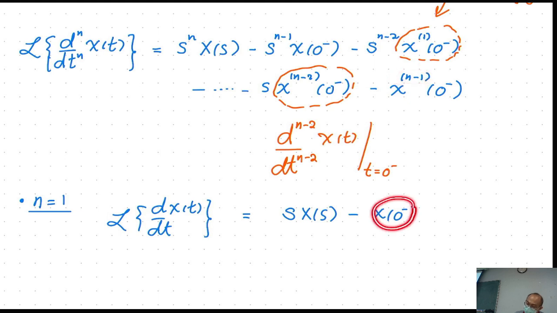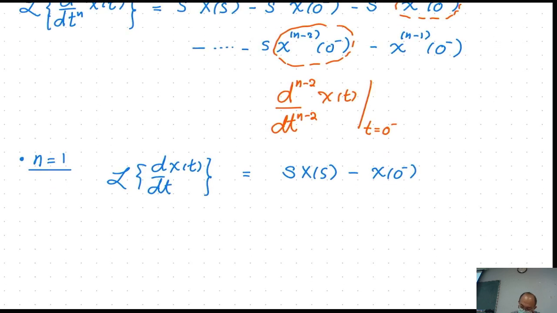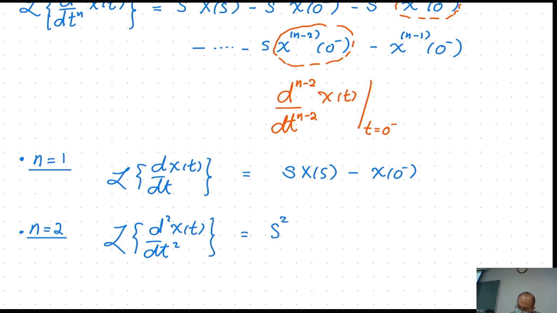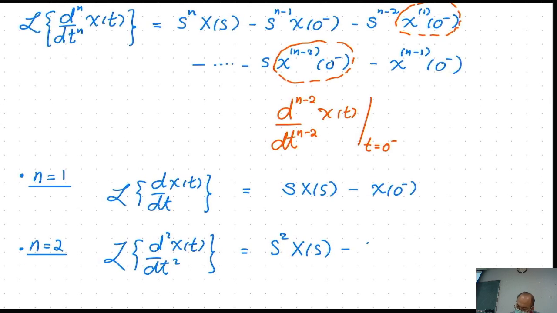Now, what if n is equal to 2? When n is equal to 2, the Laplace transform of the second order derivative of x with respect to time is s to the second times X of s, minus s times x at 0 negative, minus x prime at 0 negative.